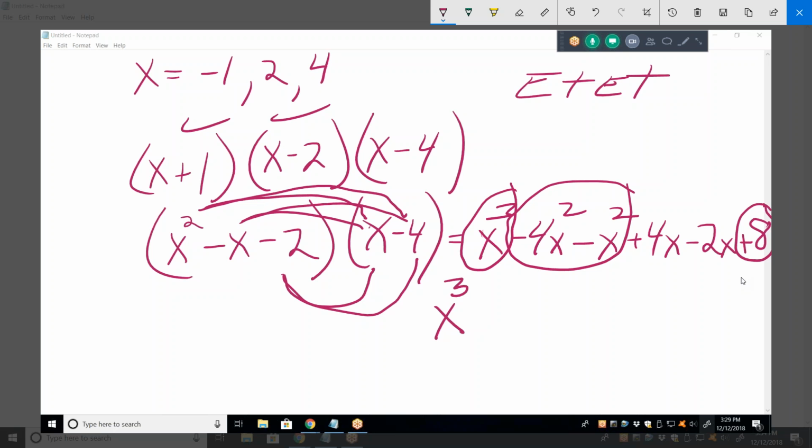When you are subtracting or adding, it's like I've got minus 4 apples and minus 1 apple, so I've got minus 5 apples. I am not multiplying.